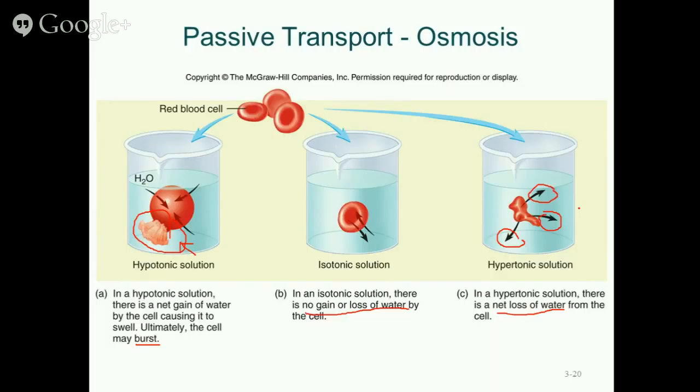The simplest example in your own personal world, you've done this before. I know everyone's done this. Think about putting drops in your eye. If you put that saline solution, they make it so that it's isotonic.